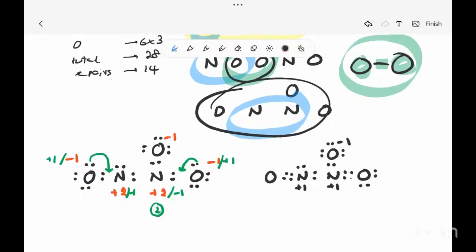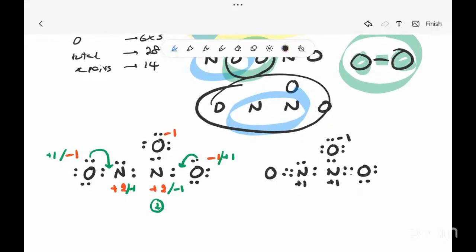Now, take a look on this one. We have +1 here and +1 here as well after creating this one. This is something new that we need to learn.